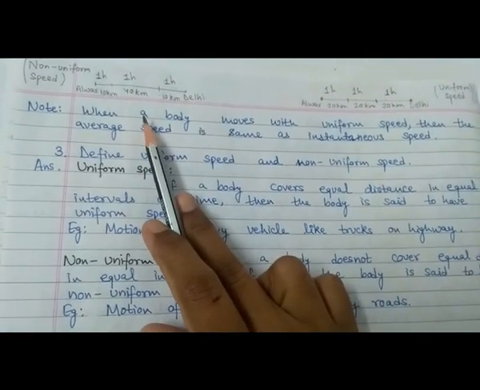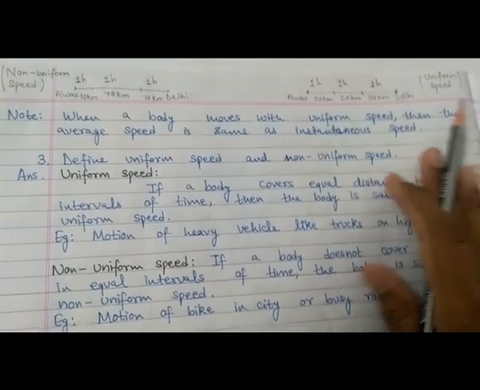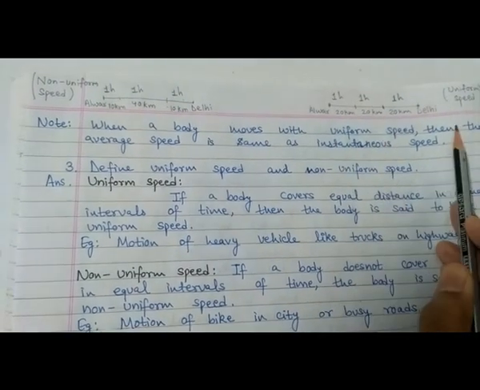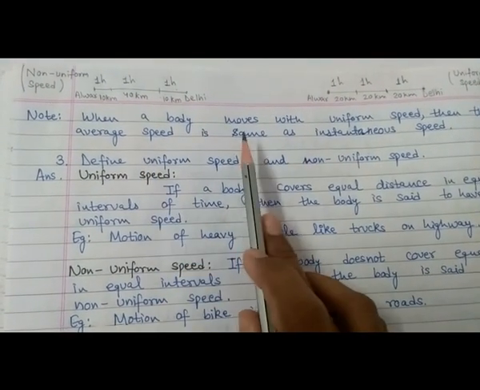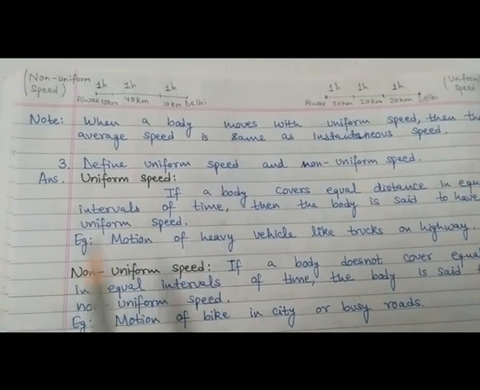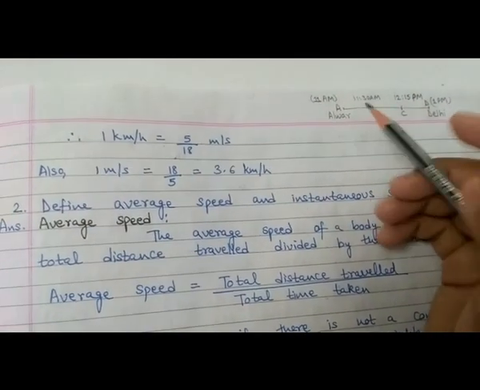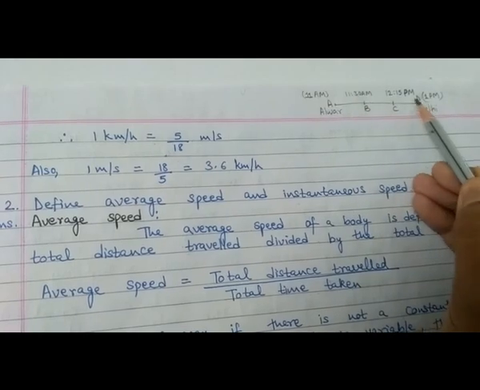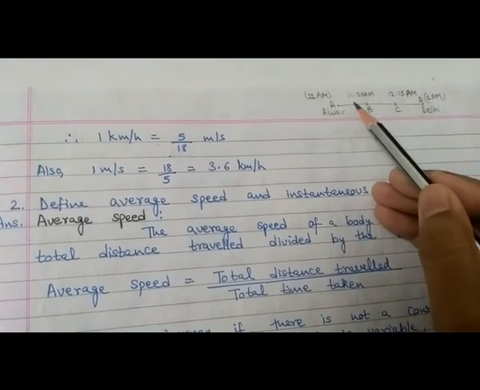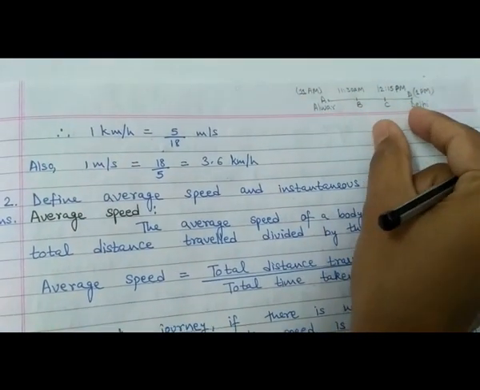Now, one point was left in the previous class. Let's start with that. When a body moves with uniform speed, then average speed is the same as instantaneous speed. What does this mean? For example, I have divided this journey into 3 equal parts. That means I have divided this entire journey into 3 equal distances.